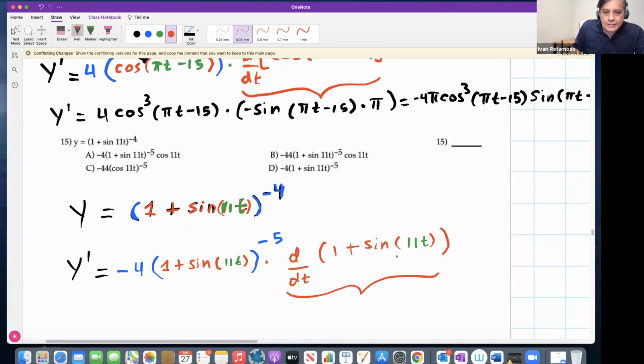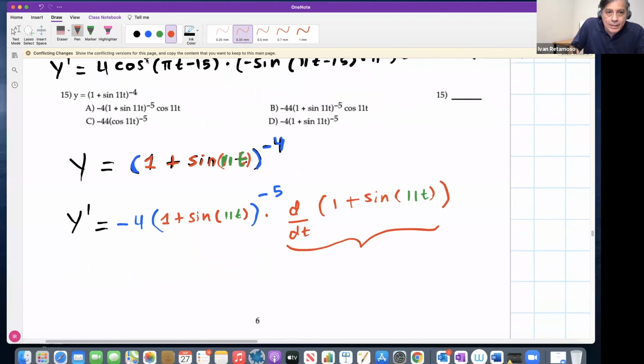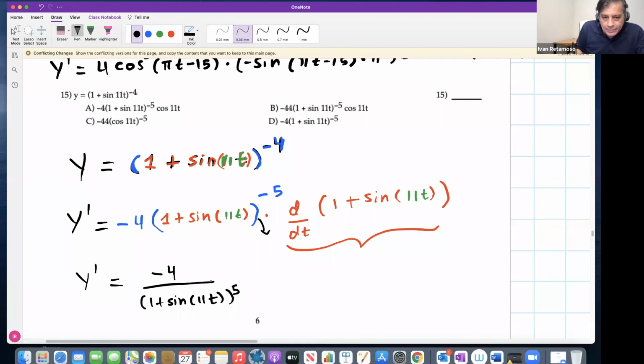But what is that? We're going to compute this. Well, this is going to be y prime equal -4 on the top. I'm going to write this power down here as 1 plus sine of 11t all raised to the 5th power, right? Times this derivative. The derivative can be distributed over sums. Derivative of the constant function 1, 0.